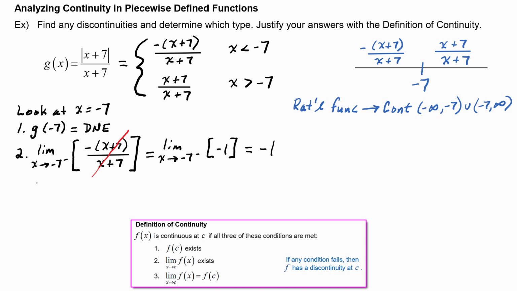Now, if we do the limit as x approaches -7 from the right, we use this piece of the function, x plus 7 over x plus 7.